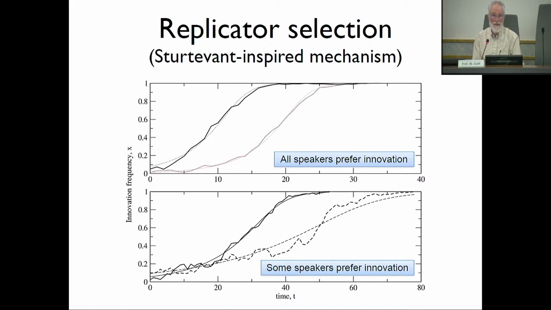As long as you still have that 70%, it's going to beat it out in the end. That's important because it's not super sensitive. Obviously, if you get below 70%, then it doesn't happen. But once you get most speakers valuing one of the variants, it just takes over on an S-shaped trajectory.